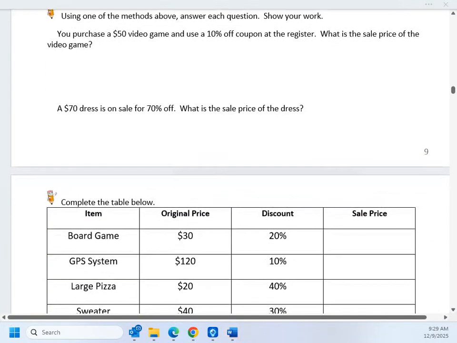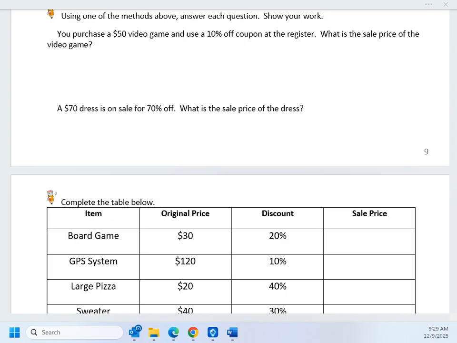We're going to use one of the methods. We're actually going to use both so we get a good idea of how to work them out, because we're doing these ones together. Show your work, so you have to write what you're doing. So you purchase a $50 video game and use a 10% off coupon at the register. What is the sale price of the video game?